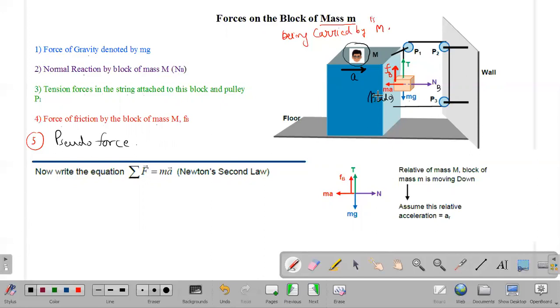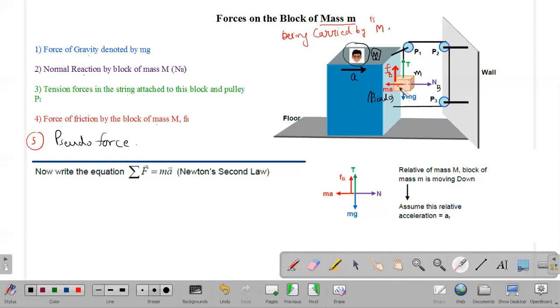Now what will we observe sitting on the mass capital M? In which direction will you find the motion of small m body? Will it move rightward? Will it move leftward? Will it move upward, or will it move downward? If you are observing from the mass capital M, there are only two possibilities: either small m mass will fall down or it will rise up.